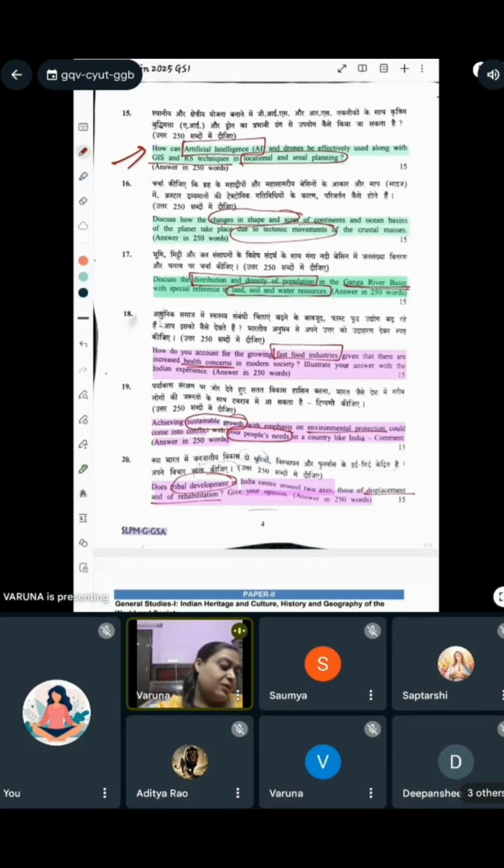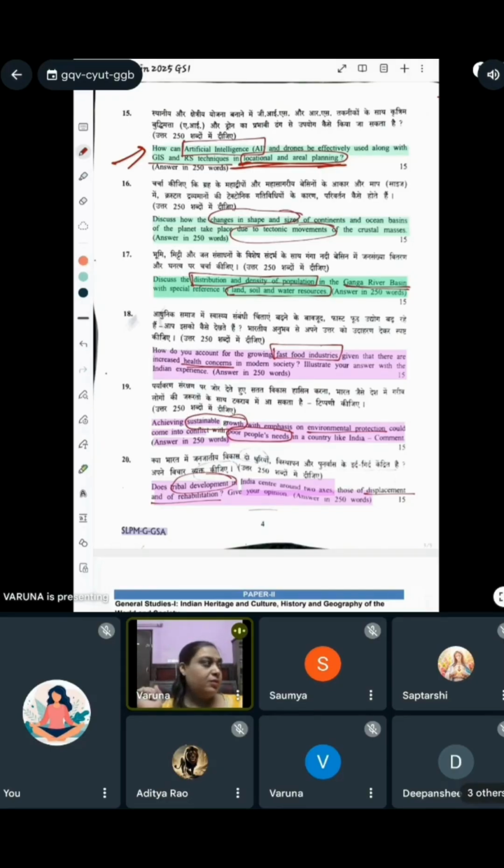Because of this part, locational and aerial planning. We have human geography aspects and urbanization related aspects in the GS1 paper, and that is why this particular question has been asked here.